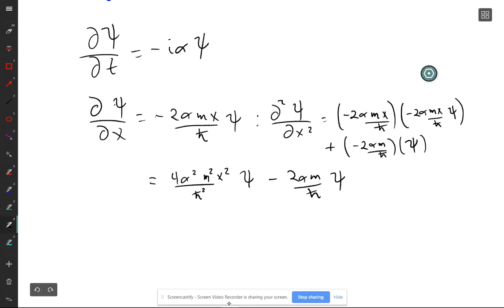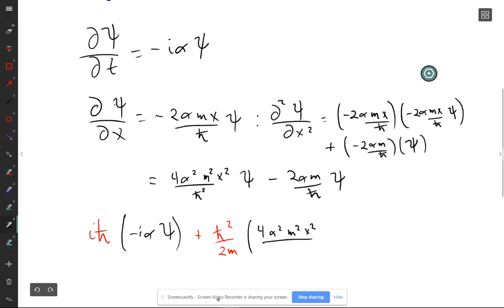So now putting those into my Schrodinger equation, I have i h bar times minus i alpha psi plus h bar squared over 2m times 4 alpha squared m squared x squared over h bar squared, minus 2 alpha m over h bar.